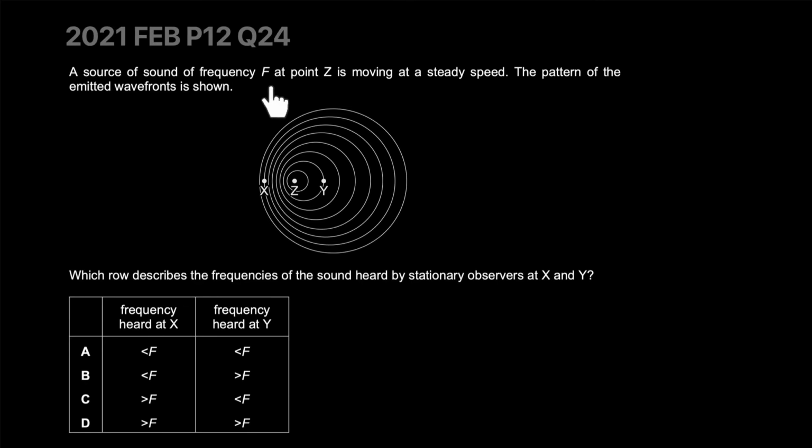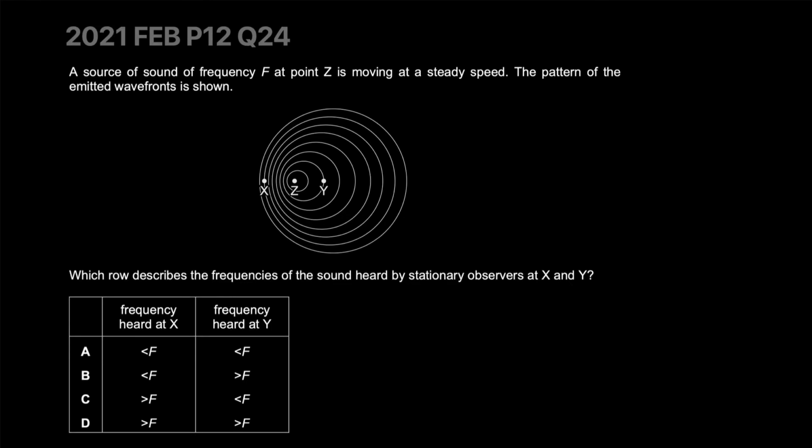A source of sound of frequency F at point Z is moving at a steady speed. The pattern of the emitted wave fronts is shown. So Z is moving from right to left because the circles are much smaller over here, which further describes the frequency of the sound heard by a stationary observer, a Doppler effect, right?